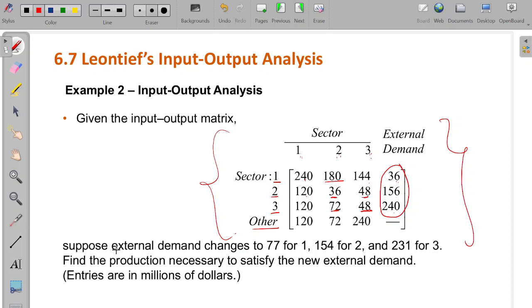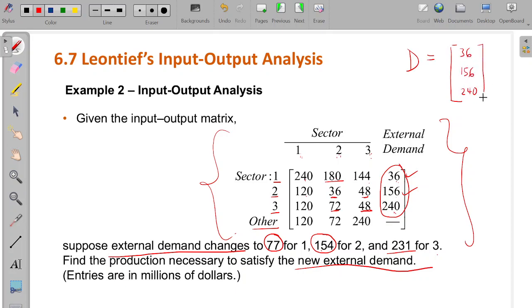Now we want to change the external demand to 77 for sector 1, 154 for sector 2, which reduces, and 231 for sector 3, which also reduces. We want to find the production necessary to satisfy this new demand. The old demand is 36, 156, and 240.